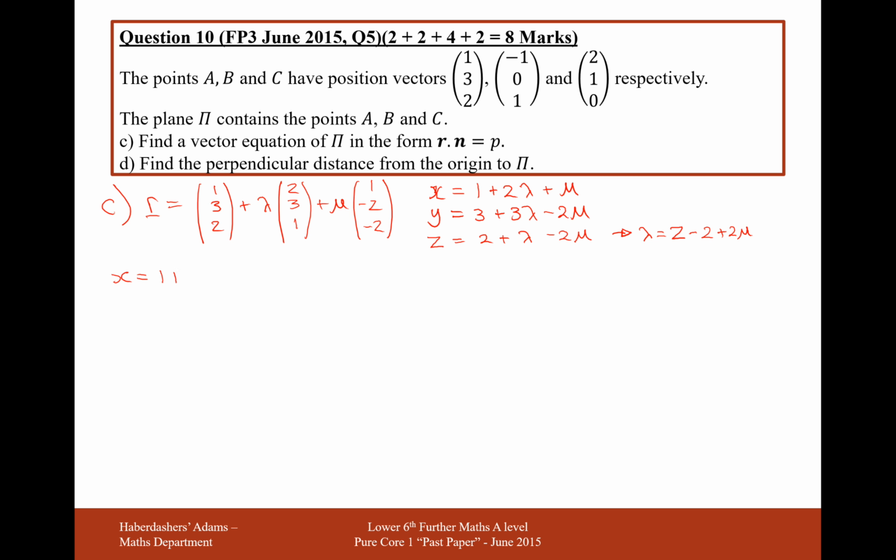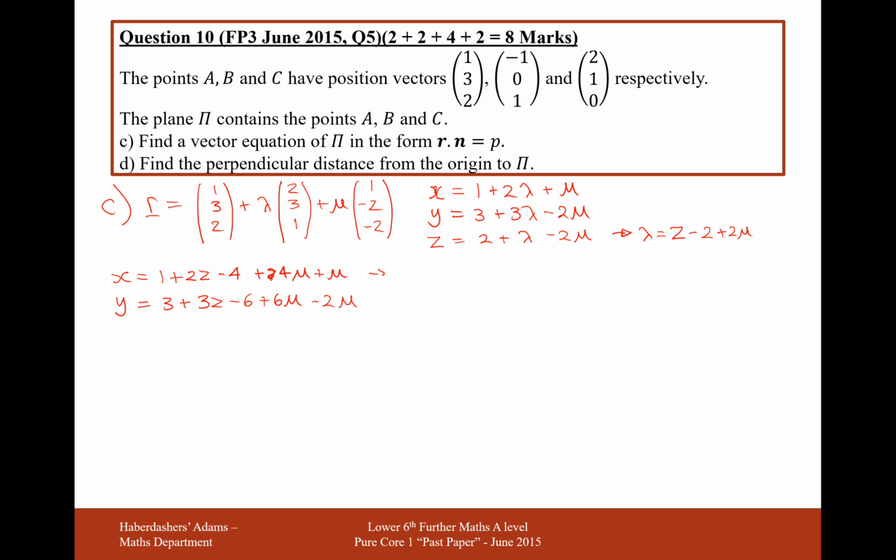So it's going to be 1 plus 2 of this lambda, so that would be 2z minus 4 plus 4 mu, and then we add the mu on at the end. And the y equation is going to be 3 plus 3 lambdas, that's 3z minus 6 plus 6 mu, and then we take away the 2 mu.